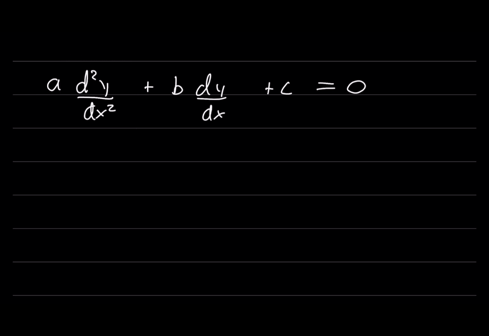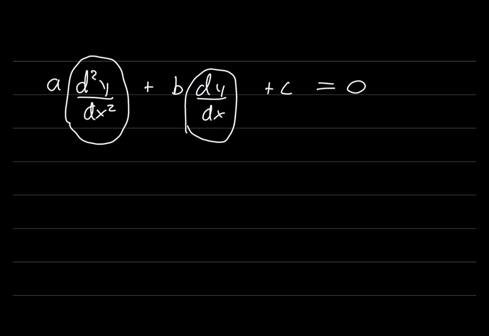We solve these by making what we call an auxiliary quadratic equation. This is going to be squared, and this is just dy by dx, non-squared. So we could use variables and create a quadratic equation.